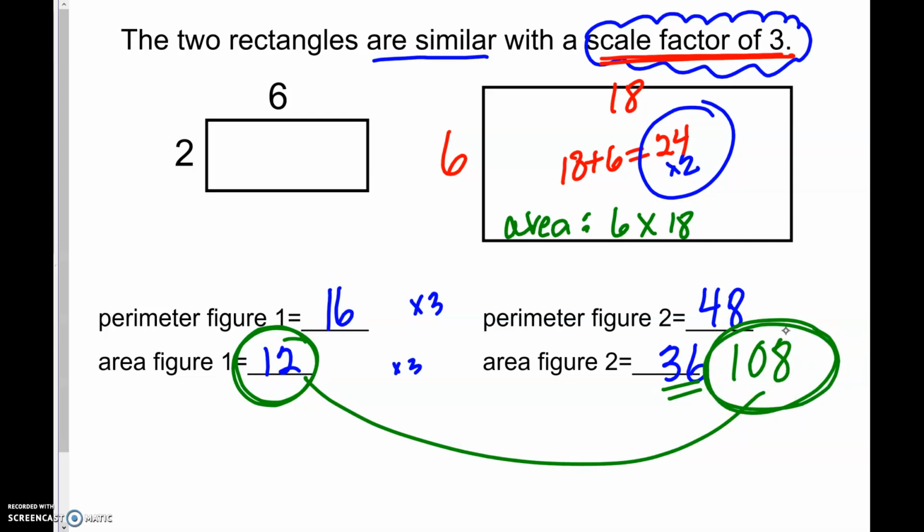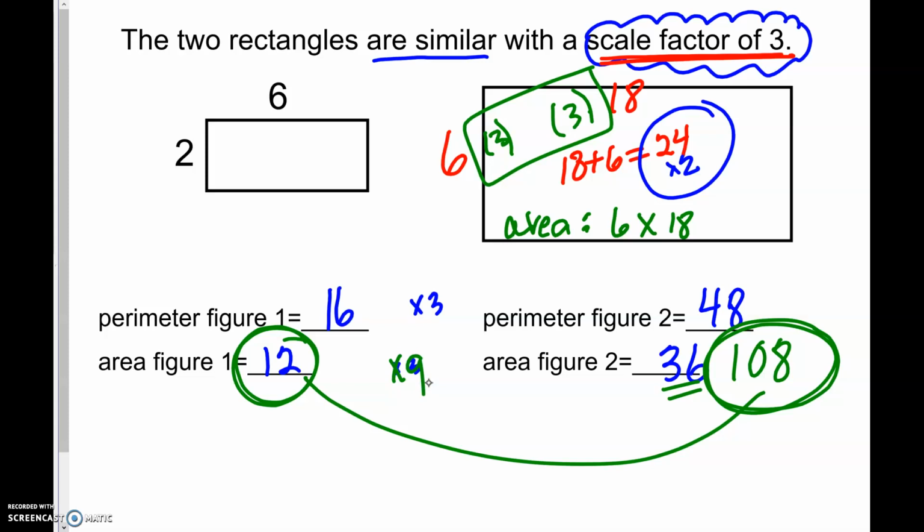Okay, so what's happening here is we're multiplying this by 3 and we're multiplying this by 3. So 3 times 3 is 9. So what if we would have gone over here and multiplied by 9? What is 12 times 9? 12 times 9 is 108.